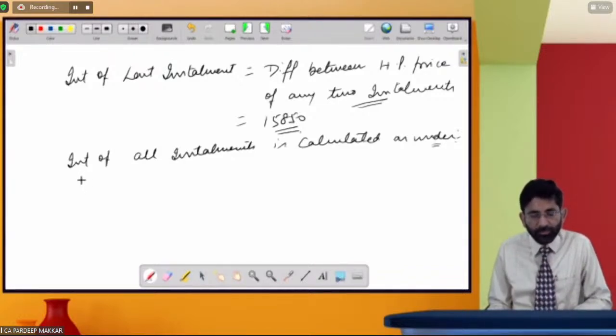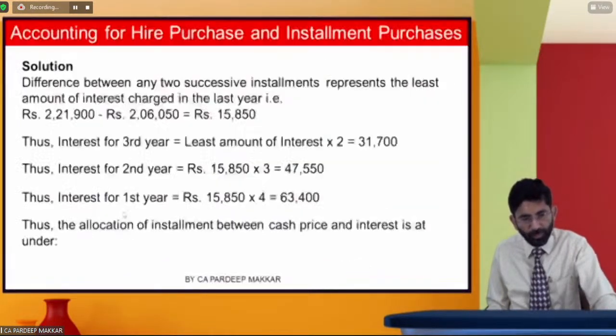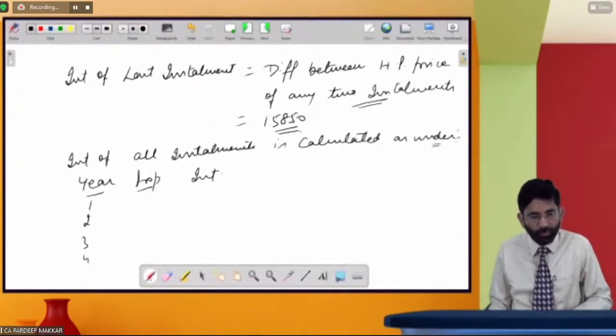Then we will have to write here year, proportion, interest. Year is 1, 2, 3 in this case. There are 3 years or 4 years, beta? These are 4 years. Okay. 1, 2, 3, 4.